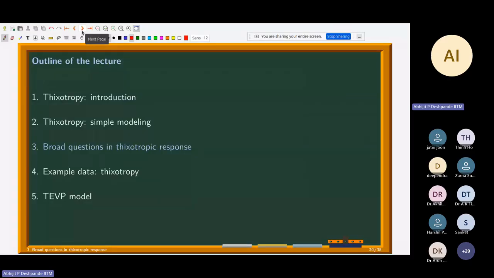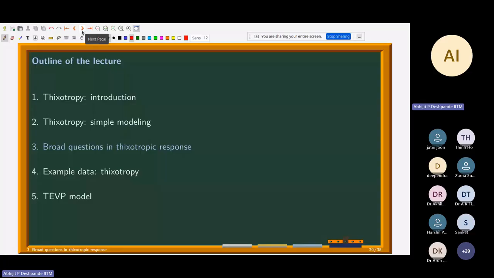What I'll do is I'll right now skip the broad questions in thixotropic response, because some of these are related to the overall ideas and how we relate thixotropic materials in terms of defining steady state, equilibrium, and some of these are also quite tricky in terms of how we define many of these states of thixotropic materials.